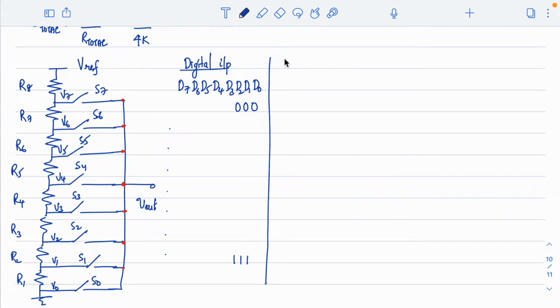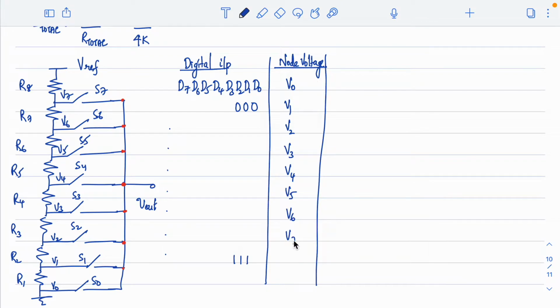So let me write this as node voltage, where I have nodes varying from V0 to V7. So this is V0, V1, V2, V3, V4, V5, V6 and V7. Alright, so these are the node voltages, which is the voltage at this point, what we are tapping from every resistor.